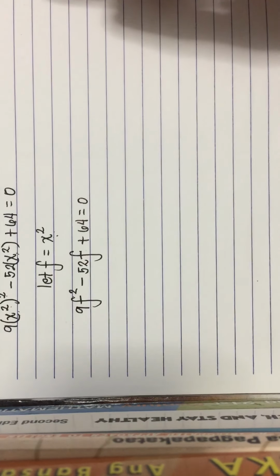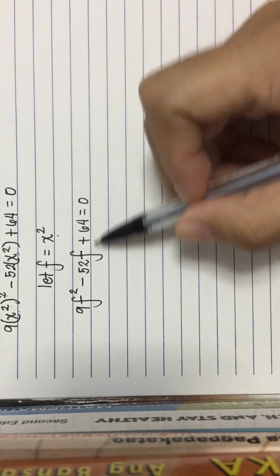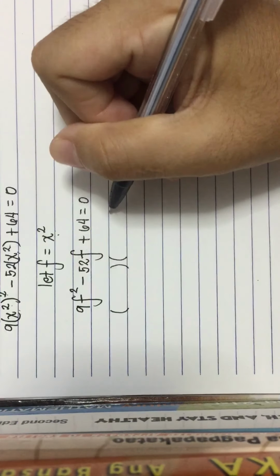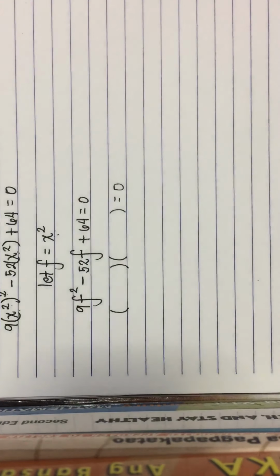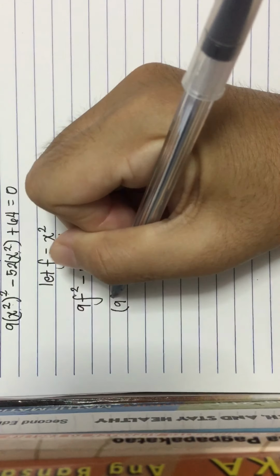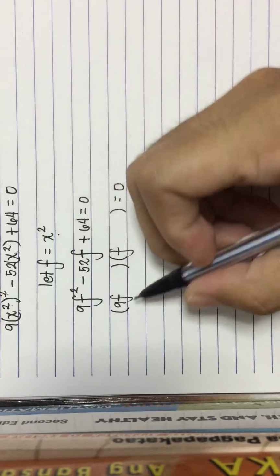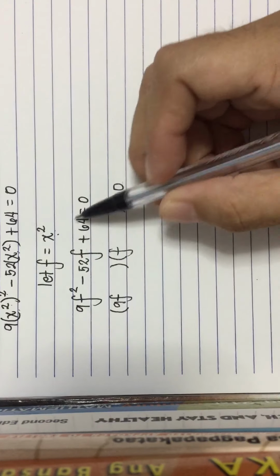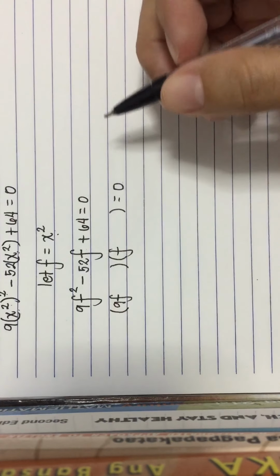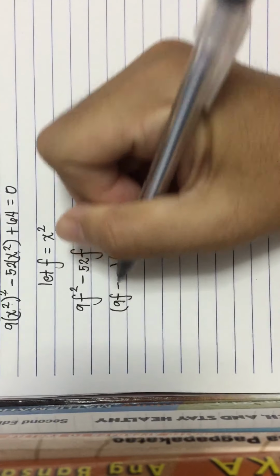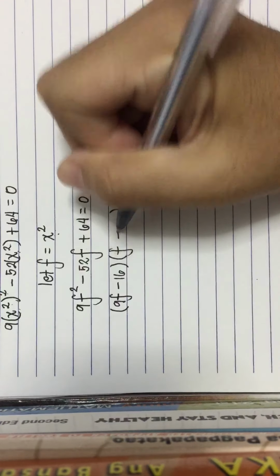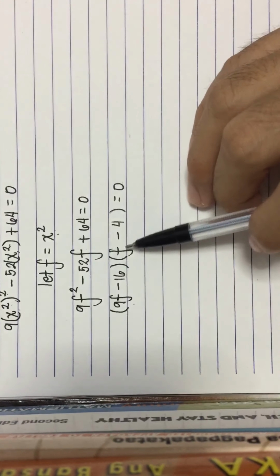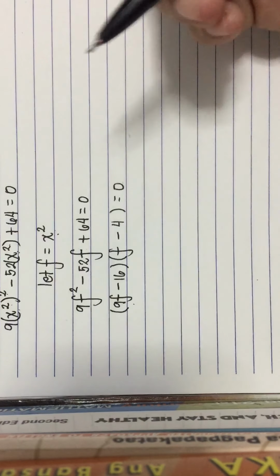So the next step is, we have to factor the given equation. So let us try 9f and f, since 9f times f is 9f squared. And then think of the two factors of 64. So let us try negative 16 and negative 4. Let us check if our answers are correct. 9f times f is 9f squared, correct?